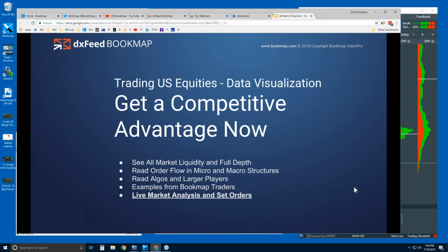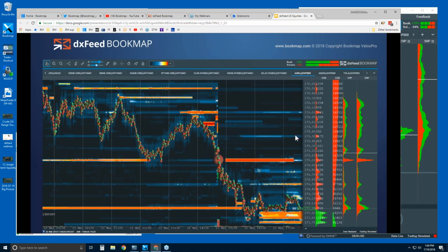I'll show you the one-click trading. Because we record the depth of market, we can read the algos and the larger players. It's all because it's showing the historical DOM. Everything is captured.